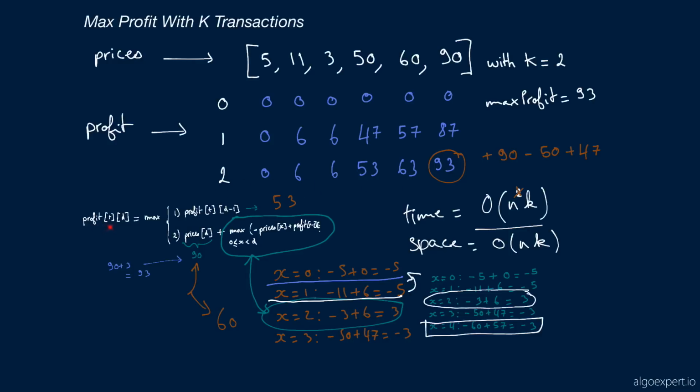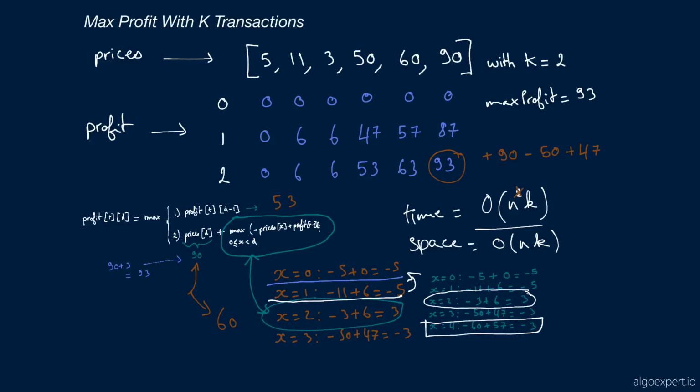We're calculating profit t,d, and we're looking at profit t,d minus 1, which is the current row that we're at. Or here in our other O of n operation formula that we turned into constant time now, we're looking at profit of t minus 1, so the previous row. But we're never looking at profit of t minus 2 or t minus 3 or t minus 4 or whatever. We're only ever looking at 2 rows, okay? 2 rows in our 2D array of k plus 1 rows.